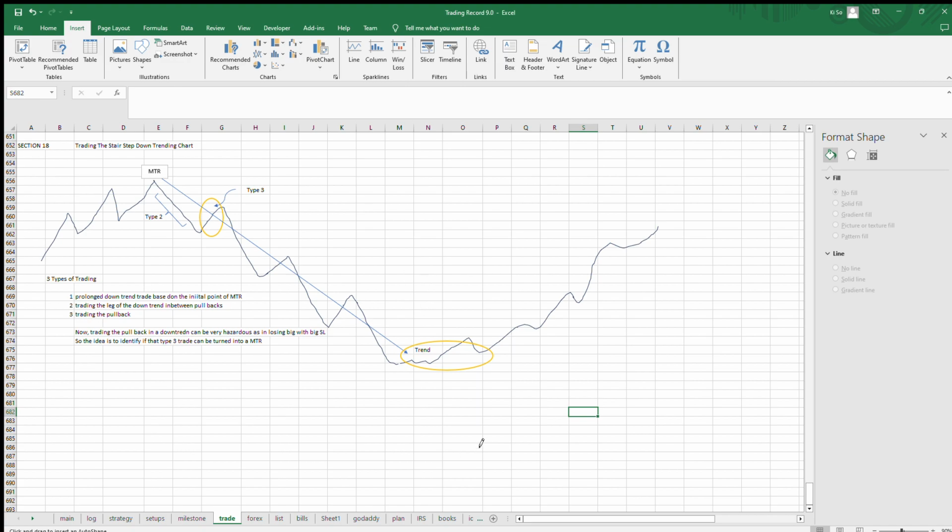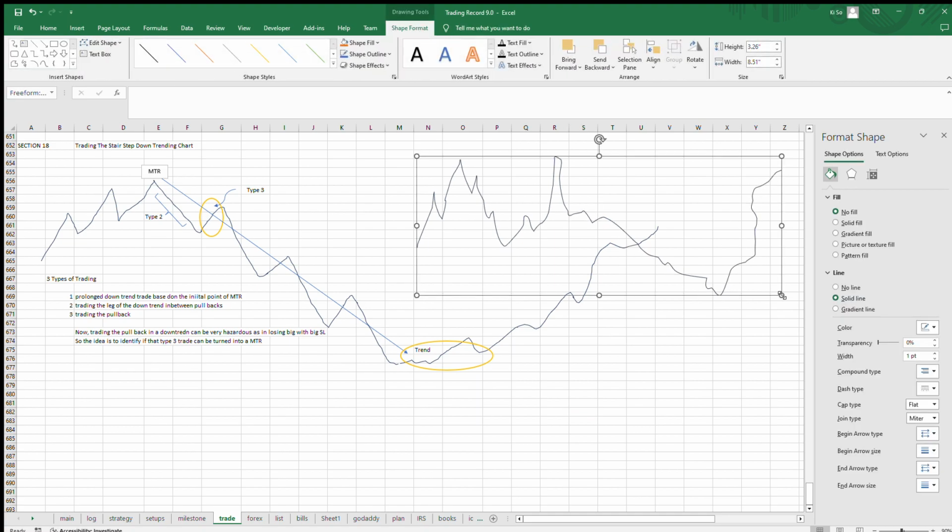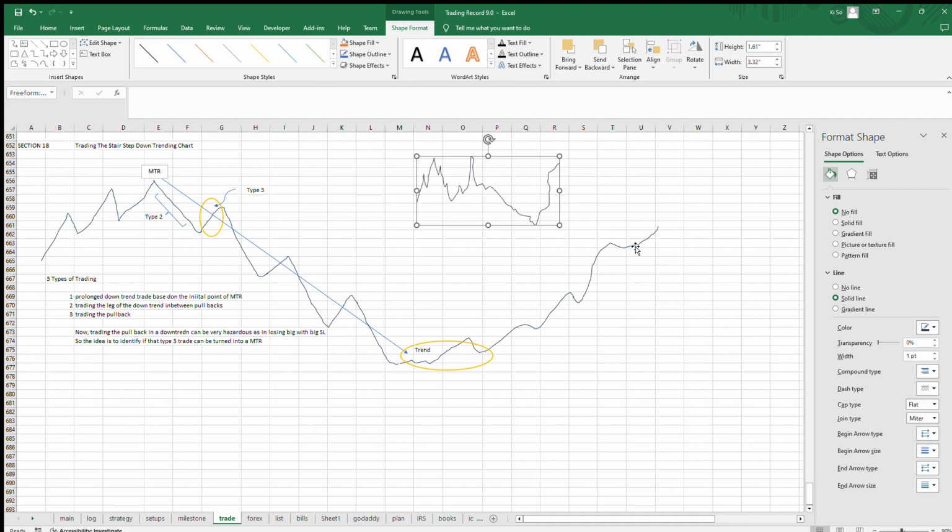Whether the market does this or does this or does this, whatever it is, or this, it happens every day. That's essentially how it works.